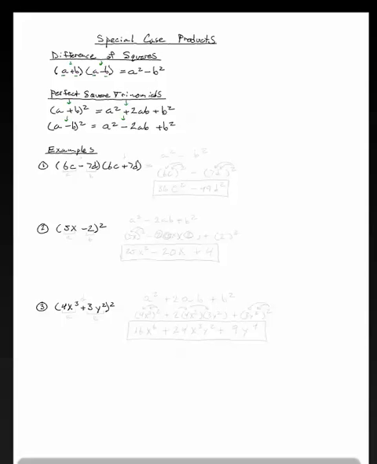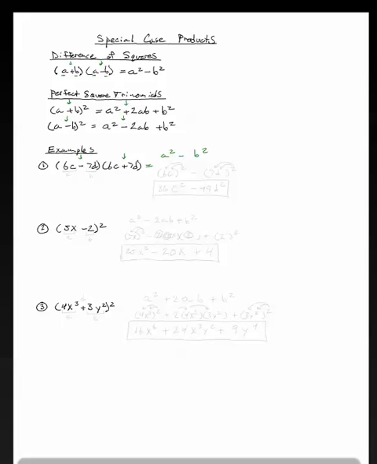So, in my first example, I've got 6c minus 7d, and then 6c plus 7d. So the terms are the same. The main difference is that in one I'm subtracting and one I'm adding. So this is a difference of squares. And we know that a difference of squares comes out to be a squared minus b squared.